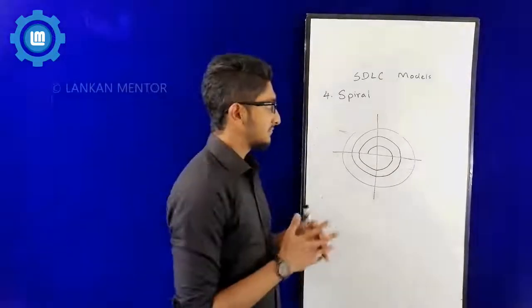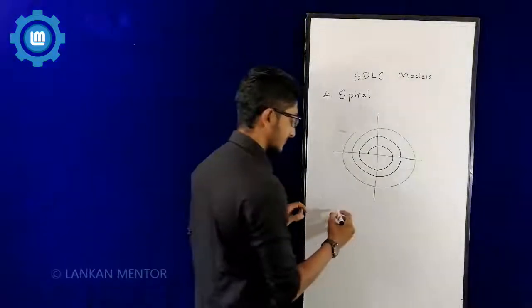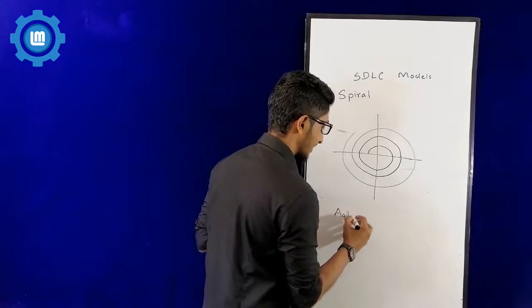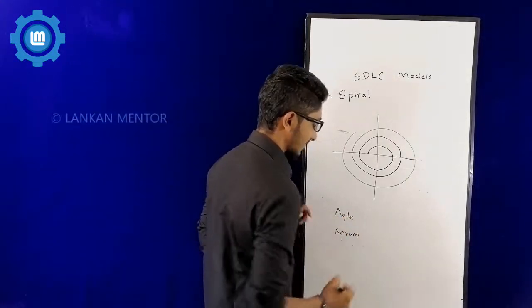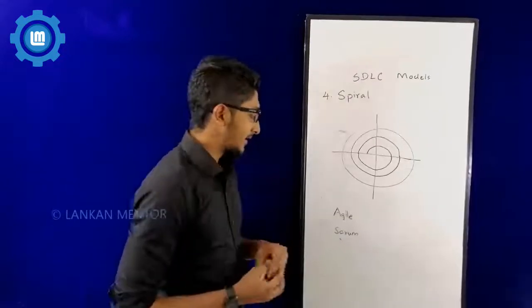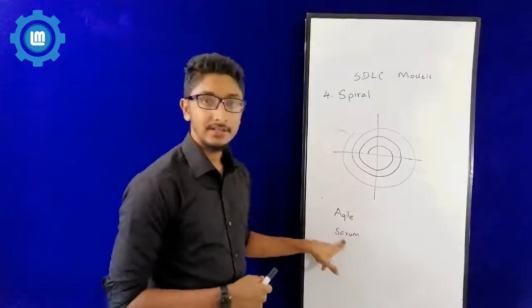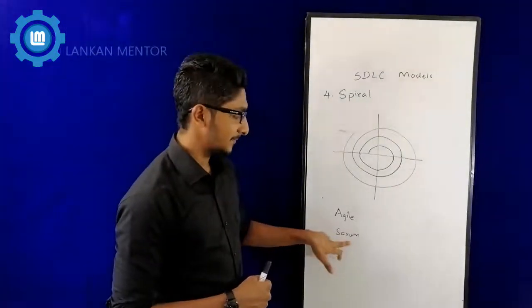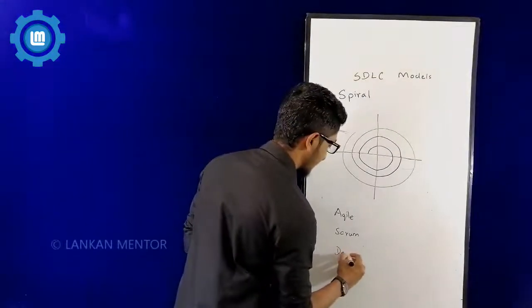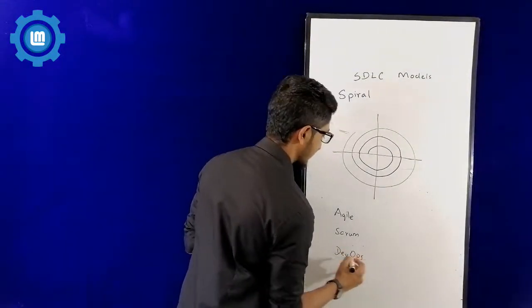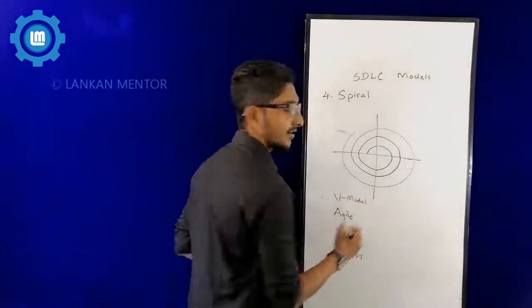Not only these models, you have newer models like Agile and Scrum. Scrum is also a part of Agile, and is a development of Agile. There is also DevOps, and there's something called the V model. So there are a lot of models.